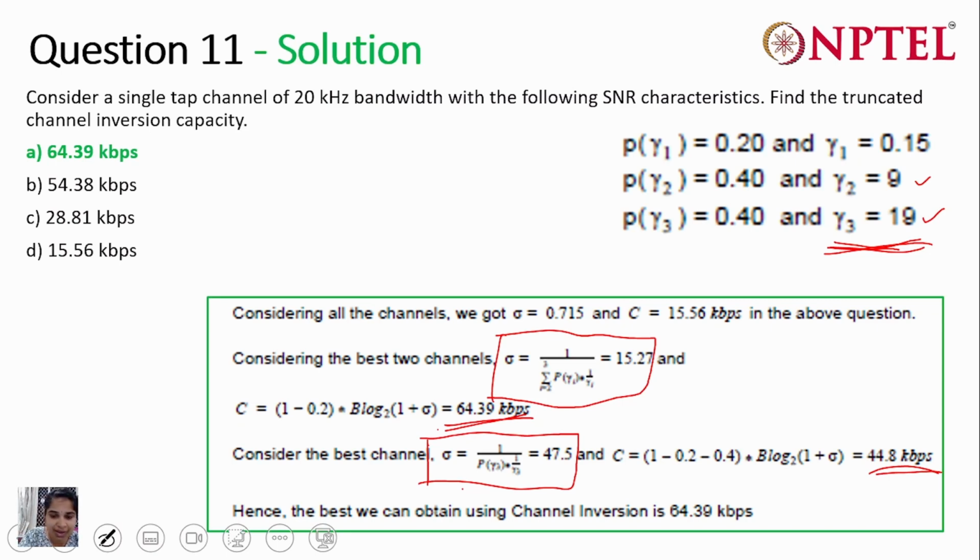So the best we can obtain is by considering two channels, and the best capacity is 64.39 kilobits per second. So this is how you will have to approach this problem.